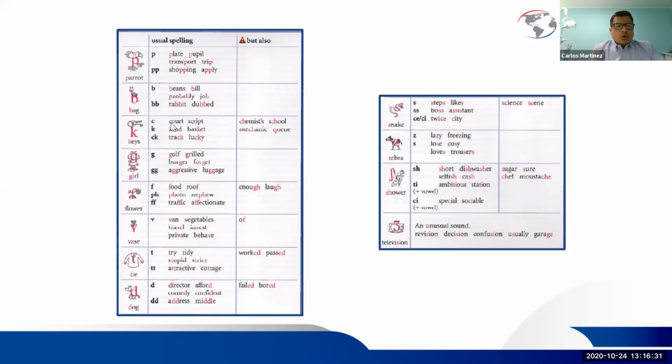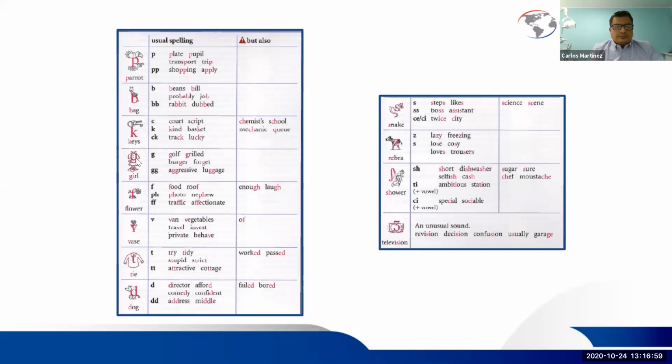Okay, so these are the usual spellings, but there are also some different ones, like the CH, like in chemist, school, or mechanic, or the QU, like in queue, like a line when you go to the supermarket. So these are unusual representations of the phoneme K.